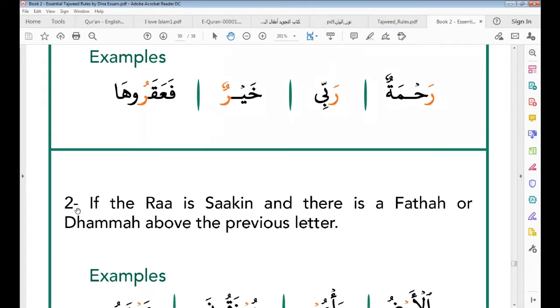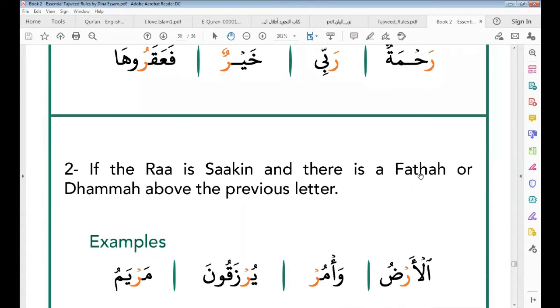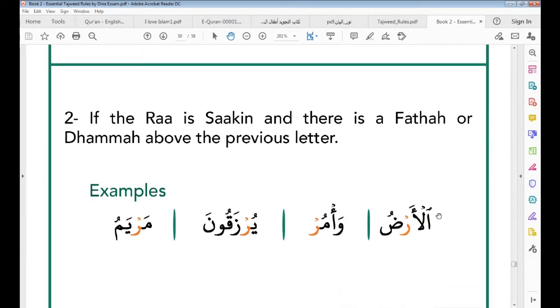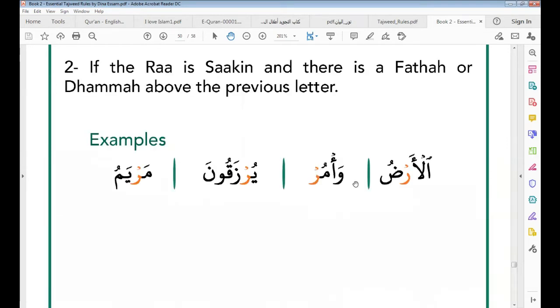The second one: if the ra is sakin and there is a fatha or dhamma above the previous letter. So the ra has a sukun sign, and the letter before has fatha or dhamma. It will also be heavy. So, al-ardu, wa'mur.